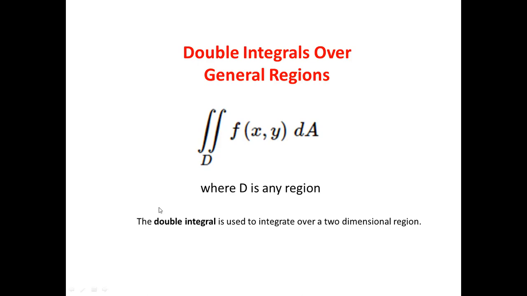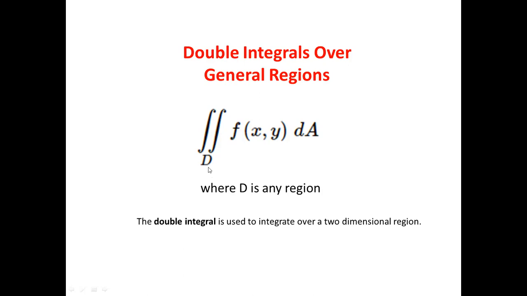So in the case of this double integral of the function of x and y, integrated in terms of the differential of the area, the D that you see here represents the boundary of any region. So if you are evaluating a double integral, you are actually evaluating the area bounded by this particular D region.